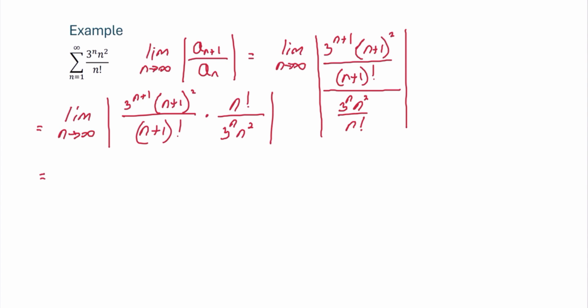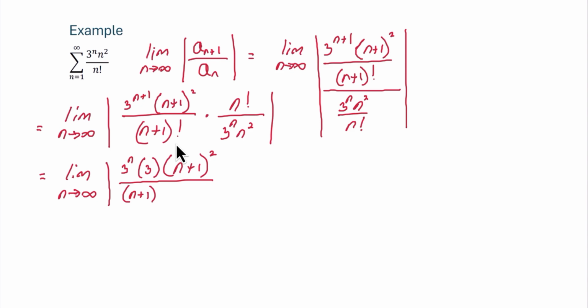From here, we can use the exponent rules to rewrite this first numerator. We can think of 3 to the n plus 1 as 3 to the n times 3, and then we'll just copy the n plus 1 squared. In the denominator, n plus 1 factorial, we can also rewrite. We'll write that as n plus 1 times n factorial. And the second fraction we'll just copy.